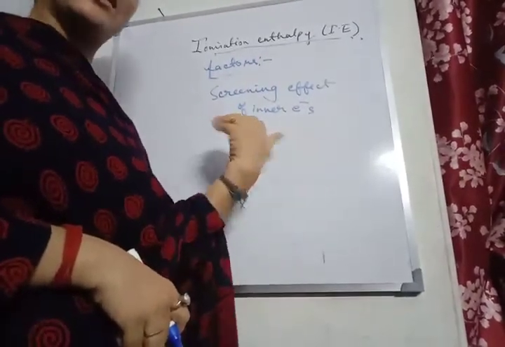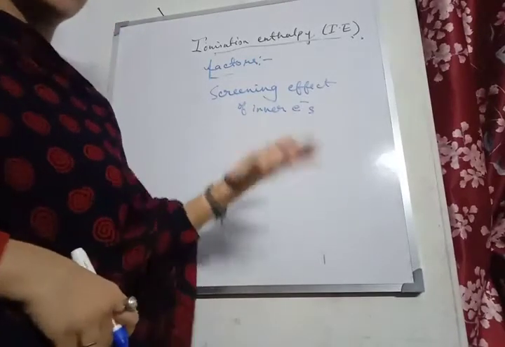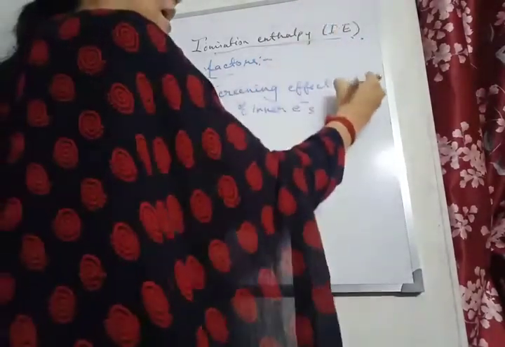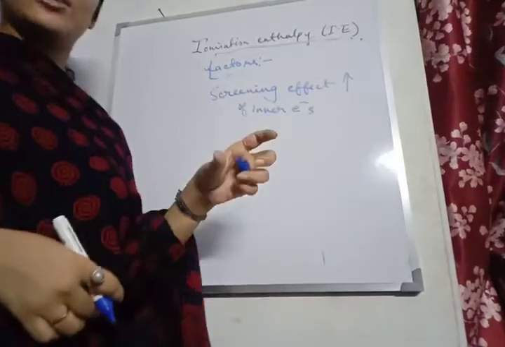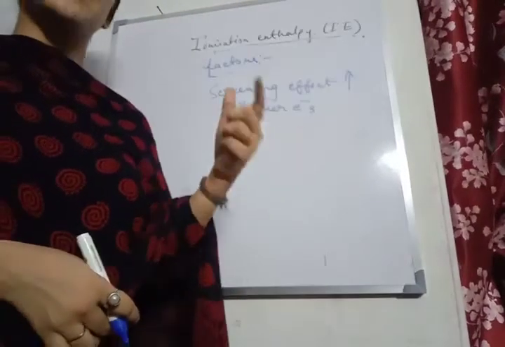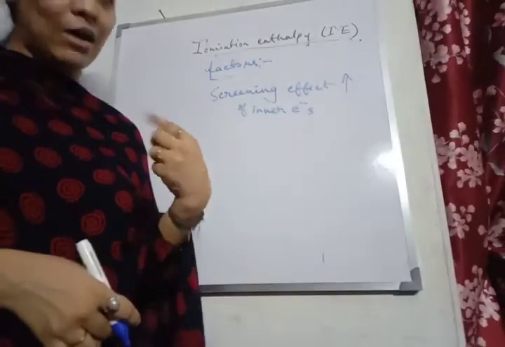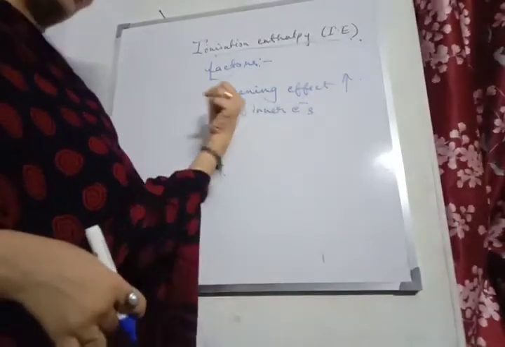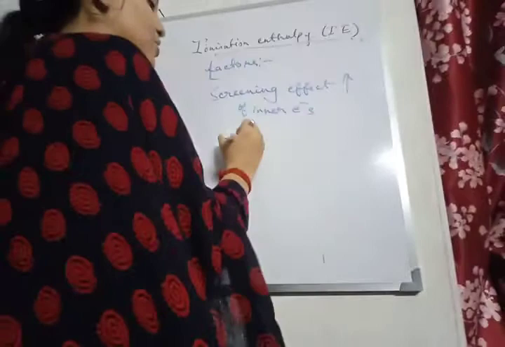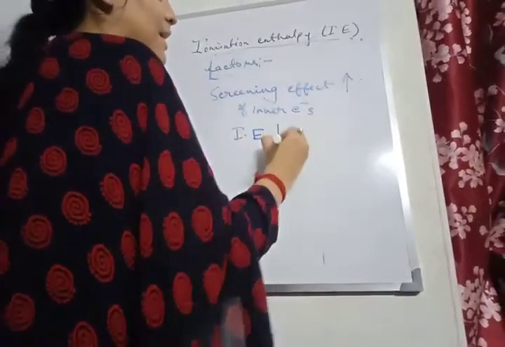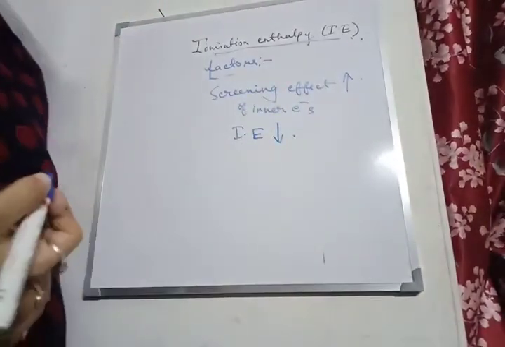Higher the screening effect, the inner electrons can effectively screen the nucleus from the outermost shell. As a result, the energy required to remove the outermost electron will be lesser. So higher the screening effect, lesser will be my ionization potential, because my nuclear pull will be lesser.